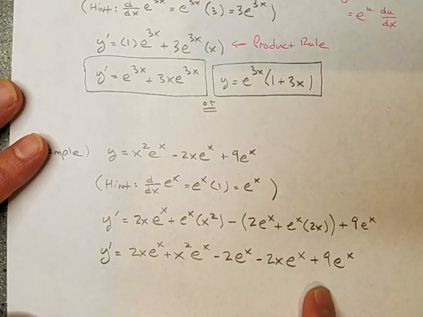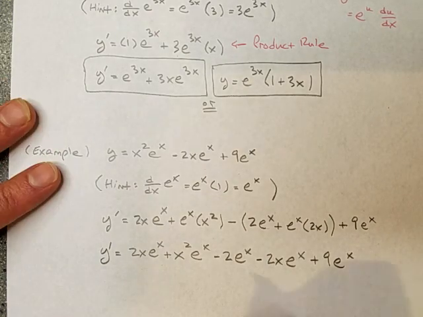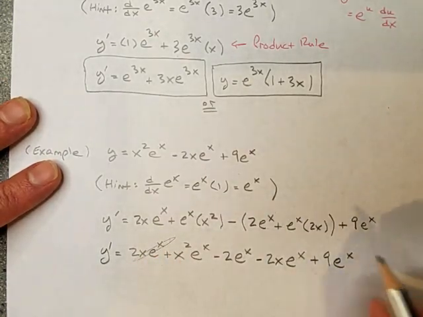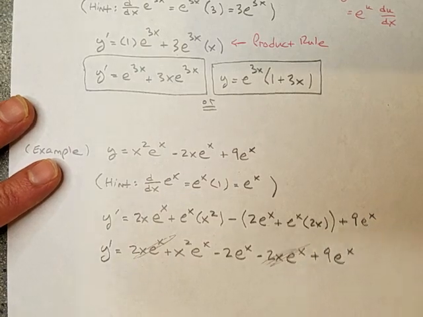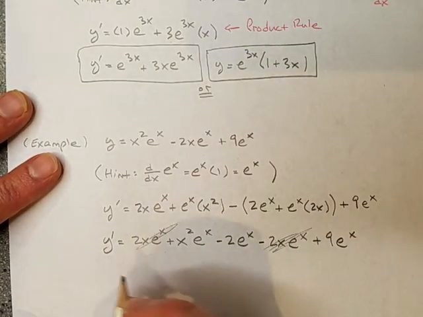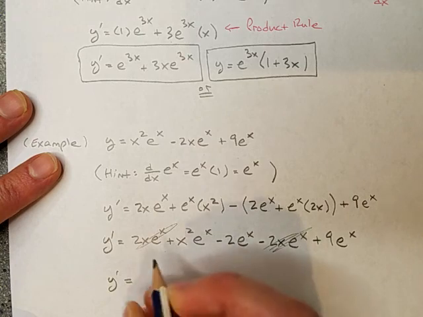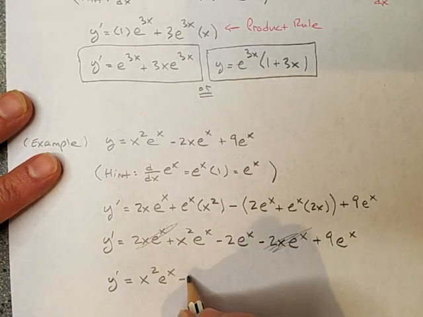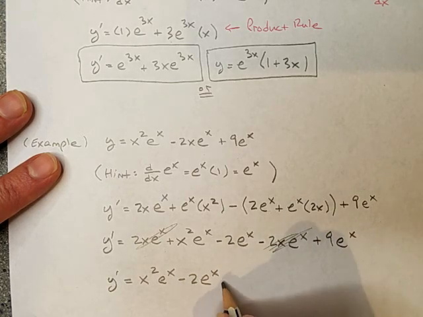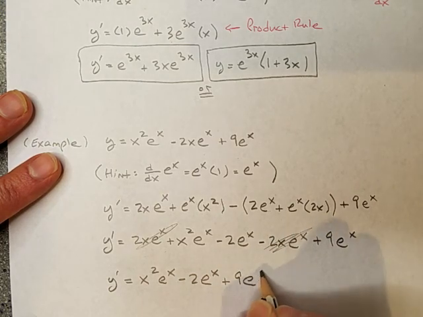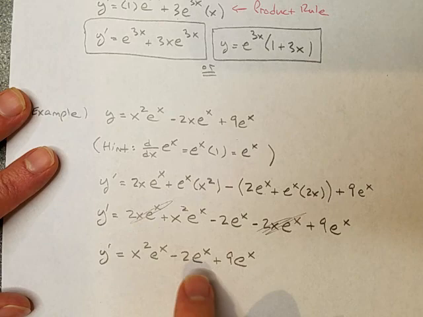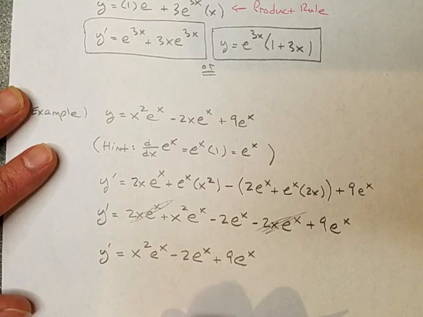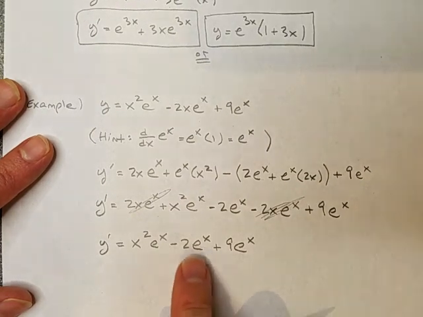All right, so that's everything. I see some canceling. 2x e to the x right there, negative 2x e to the x there. What's left? Well, I can't really do anything with what's left. x squared e to the x minus 2 e to the x plus 9 e to the x. That's what's left. And I guess those are like terms, aren't they? Yeah, they are like terms.